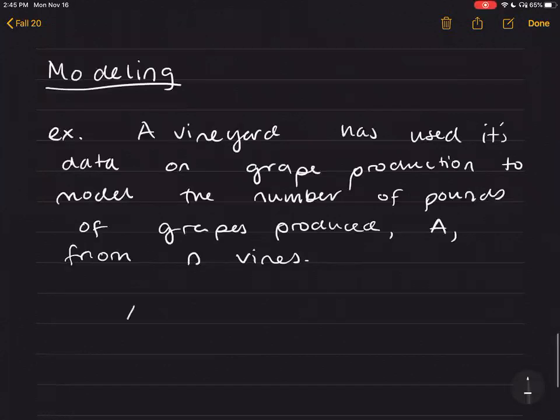And so that model is A of n equals n times (10 minus 0.01n).